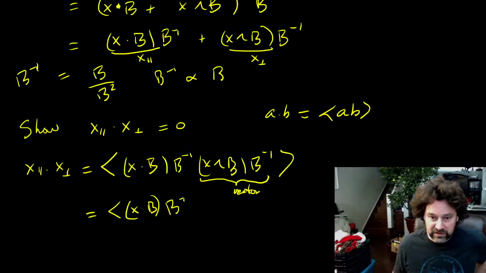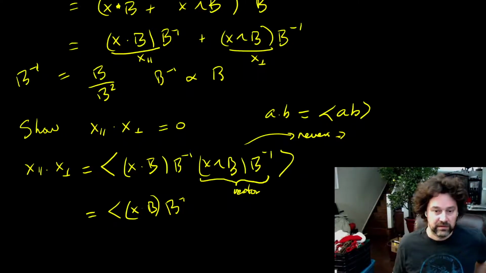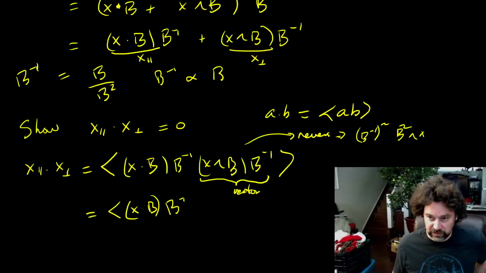Now if we reverse this, we get b inverse reversed, and the reverse is going to flip the sign. So we reverse that, and then we reverse b wedged with x. So each of these reversions just flips the sign, so we're left with b inverse b wedged x.